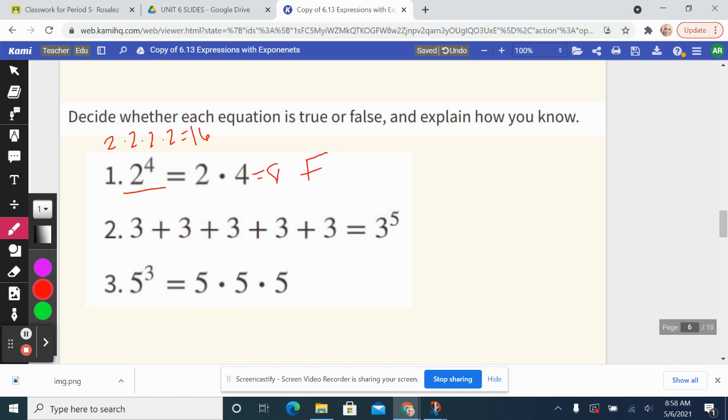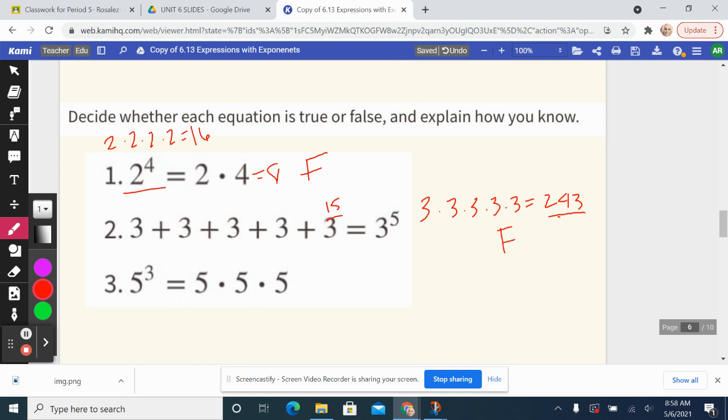All right. 3 plus 3 plus 3 plus 3 plus 3, that's 15. And 3 to the 5th means 3 times 3 times 3 times 3 times 3. And that answer is 243. So we decide, is 15 the same as 243? The answer is no. That's false as well.